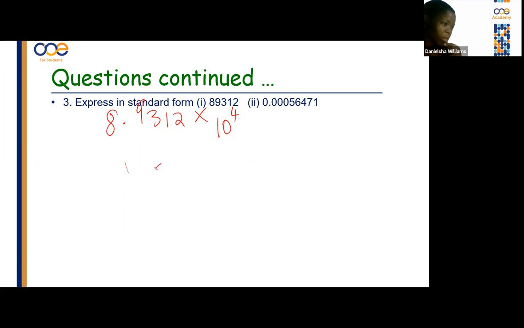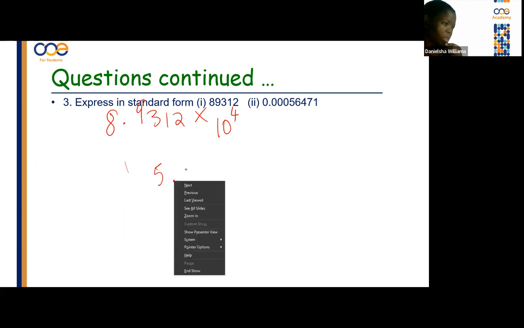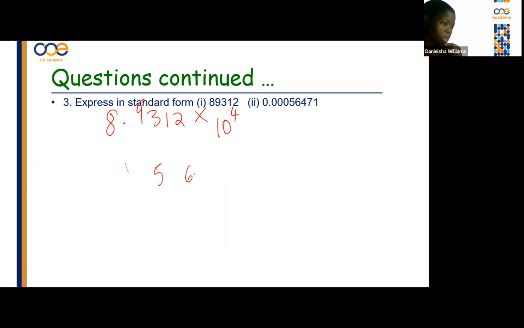We have 5.647 times 10. And then we counted 1, 2, 3, 4. And because the number is less than 1, it's going to be a negative exponent, negative 4. Is everybody okay with that? Yes, miss.